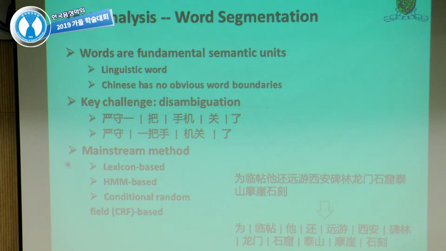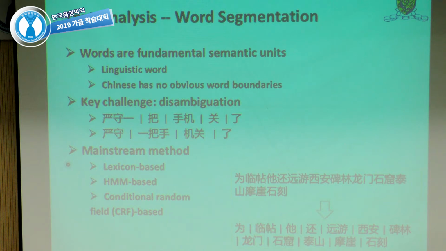So here the boundary information is also important. Especially for Chinese and also Japanese and Korean, there are no obvious word boundaries, so we need to use some method to extract these boundaries.